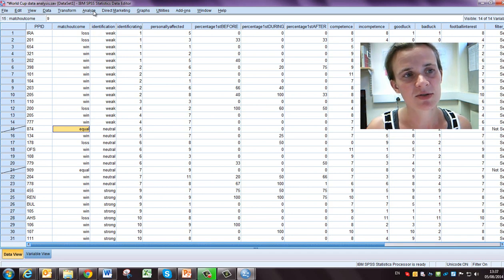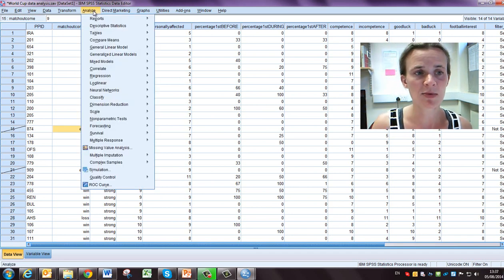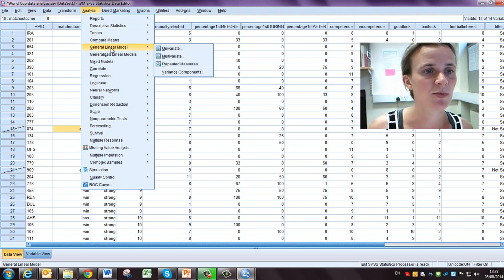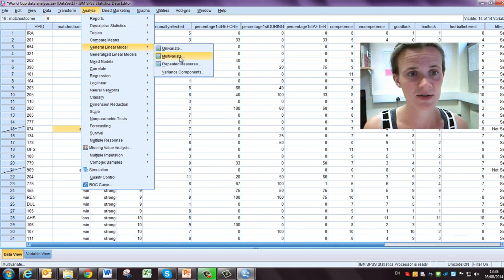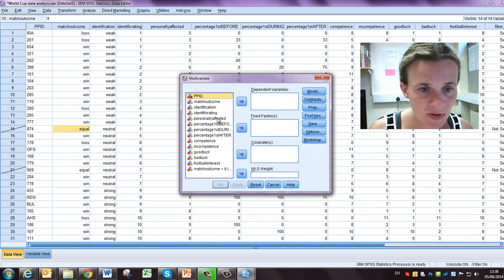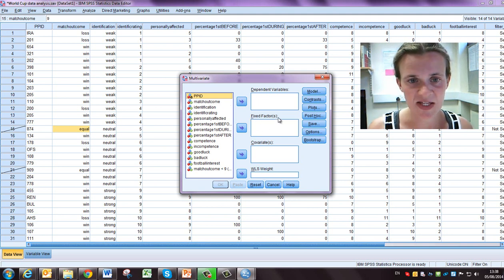So then what we need to do is go to Analyze, and what we want to do is a multivariate analysis of variance, or MANOVA. So you go to General Linear Model, then to Multivariate. Now the dependent variables we want to be, well, first we do the independent ones.